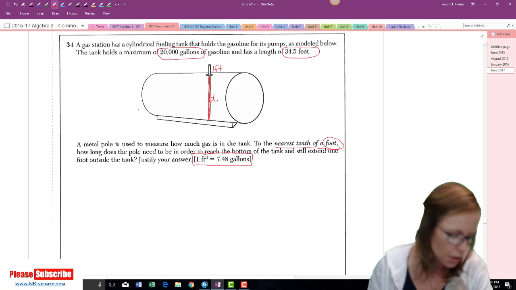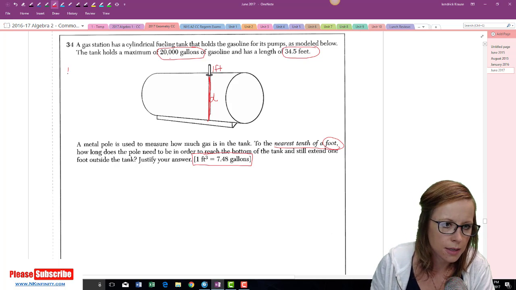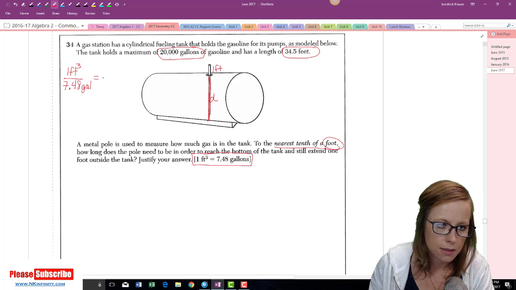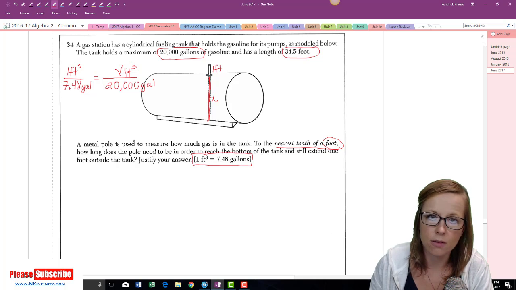So 1 cubic foot is 7.48 gallons. How many cubic feet? I guess this is the volume I'm looking for. Volume in feet cubed is 20,000 gallons, right? That's what I'm looking for.